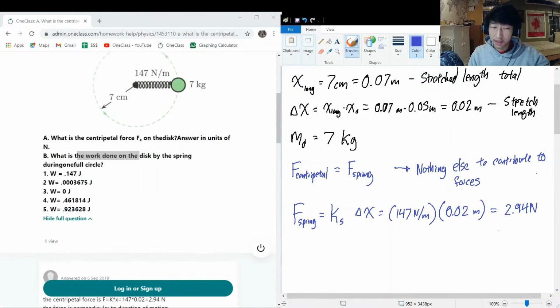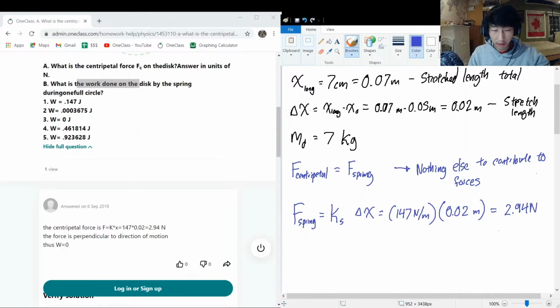So the units definitely work out, and we come to the same conclusion here. Awesome. So the centripetal force is 2.94 newtons, because we know that the spring is supplying the centripetal force. If we really wanted to, we could calculate how fast it's traveling, but the question didn't ask for it, so we don't necessarily need to.